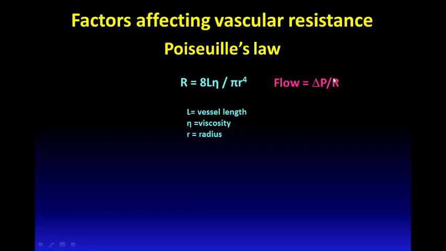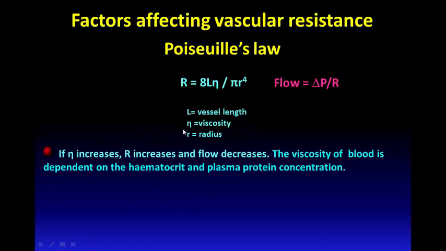So instead of R in this basic equation of flow, we can put R as 8 multiplied by L multiplied by eta divided by pi multiplied by the 4th power of the radius, according to Poiseuille's law.